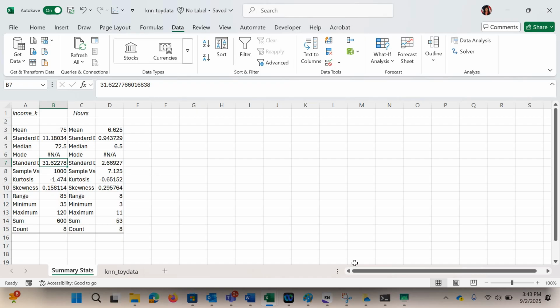And for X2, the mean was 6.625, and the standard deviation was 2.66927. So that's step 1.